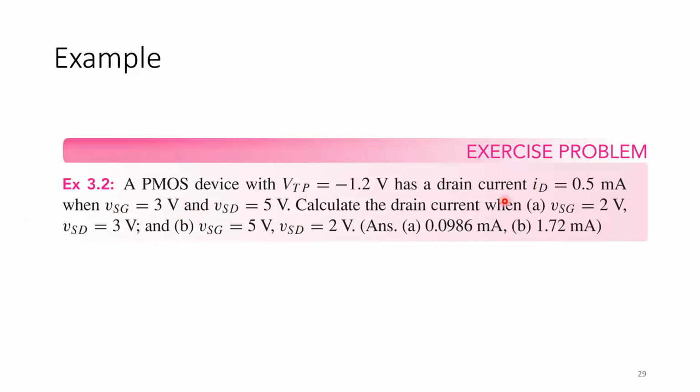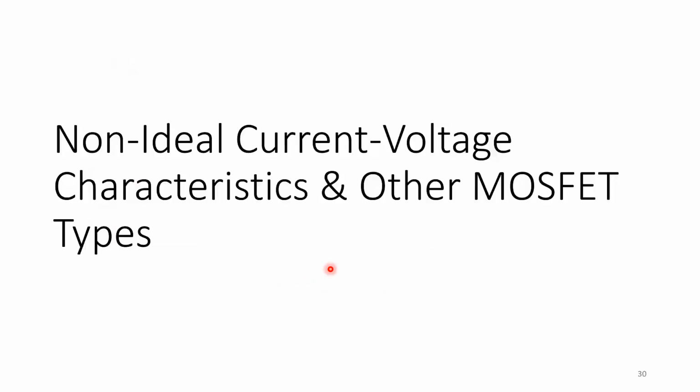But before you find the value of Kp, you have to decide whether this combination of 3 volts of source-gate voltage and 5 volts of source-drain voltage, with this VTP of negative 1.2, is going to be in saturation or in triode. Find the value of K. Once you know the value of K, then you can find the drain current. The answers are here. Again, we'll discuss this when we meet each other.